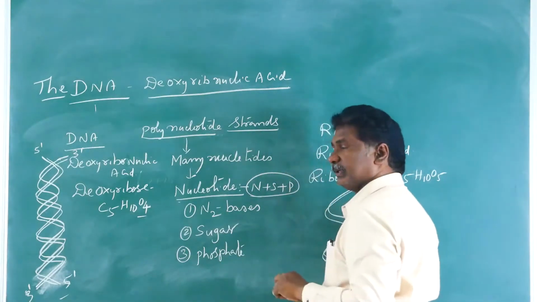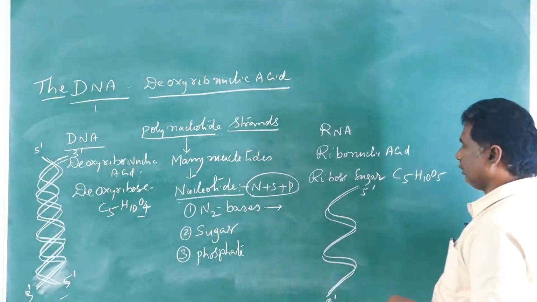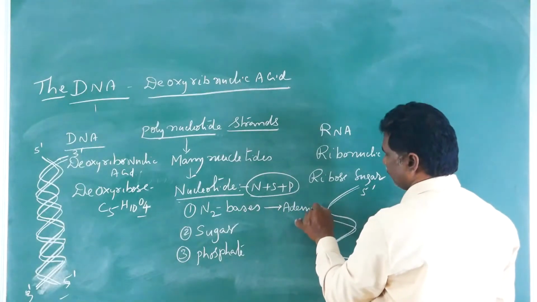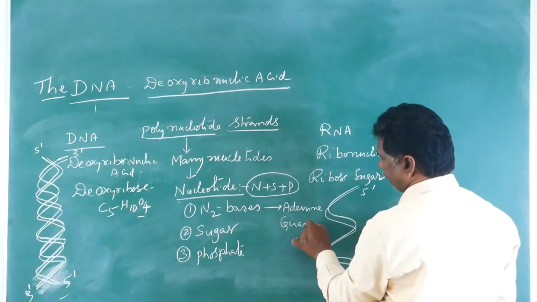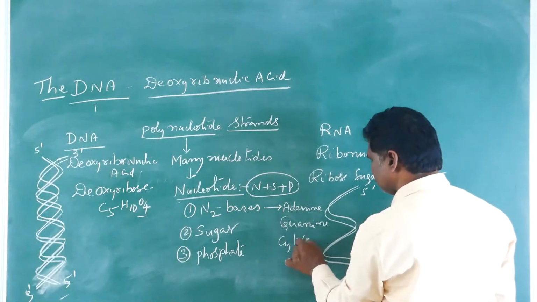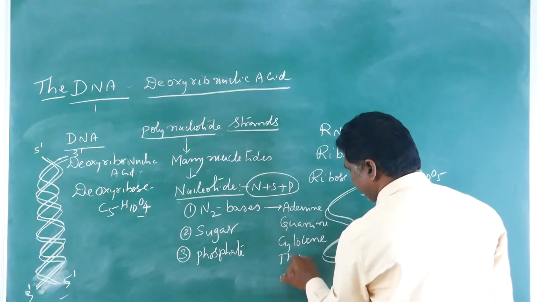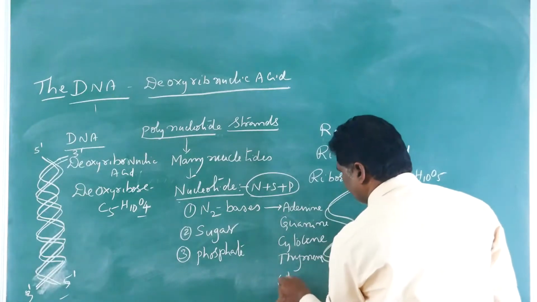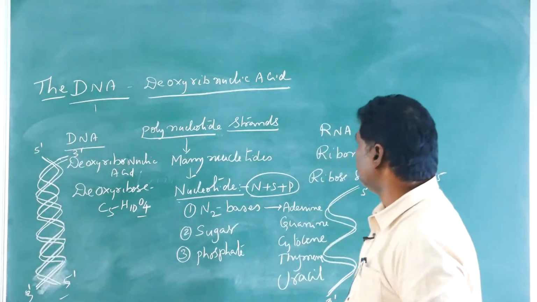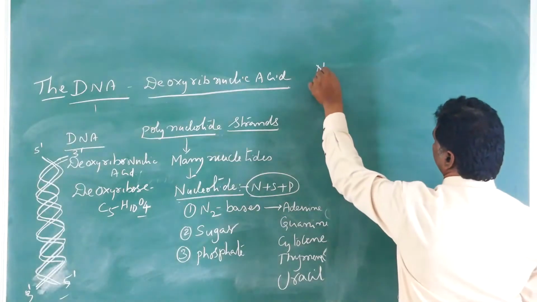Nitrogen bases in DNA and RNA have 5 types. The first one is adenine, second guanine, third cytosine, fourth thymine, and fifth uracil. Total 5 types are available.